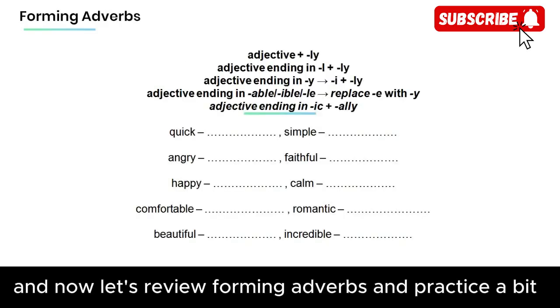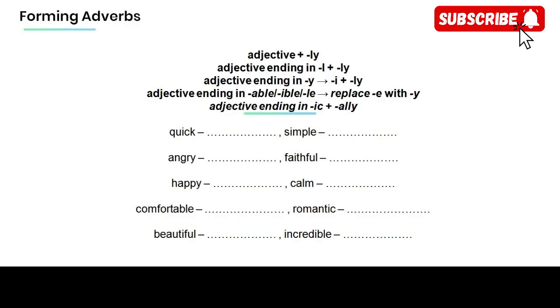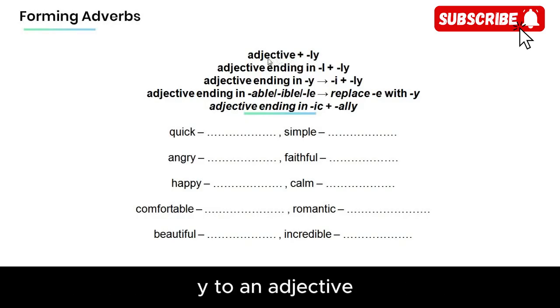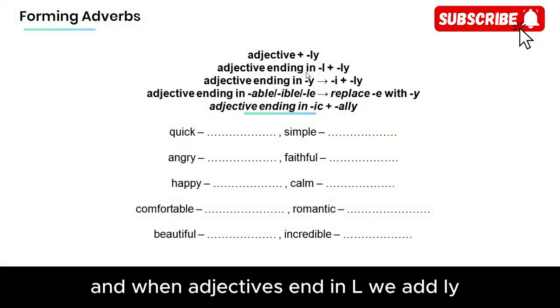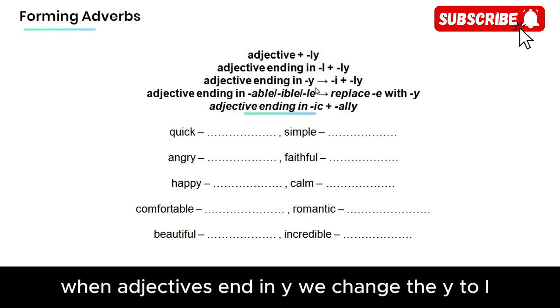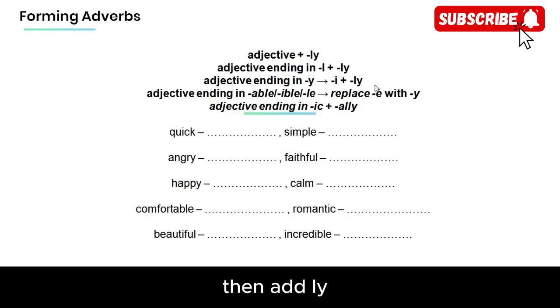And now, let's review forming adverbs and practice a bit. Remember that we form adverbs by adding ly to an adjective. And when adjectives end in l, we add ly. When adjectives end in y, we change the y to i, then add ly.